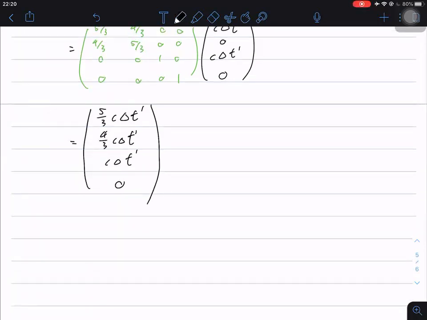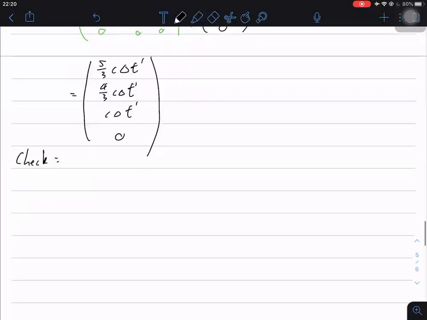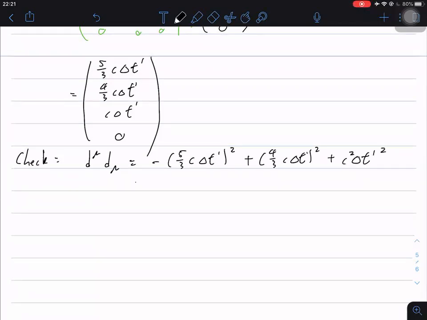And notice that if you check the space-time interval of D, since D is describing the path of light, the space-time interval of D should be 0, right? So let's check it. Minus this square plus 4/3 c delta t prime squared plus this square.